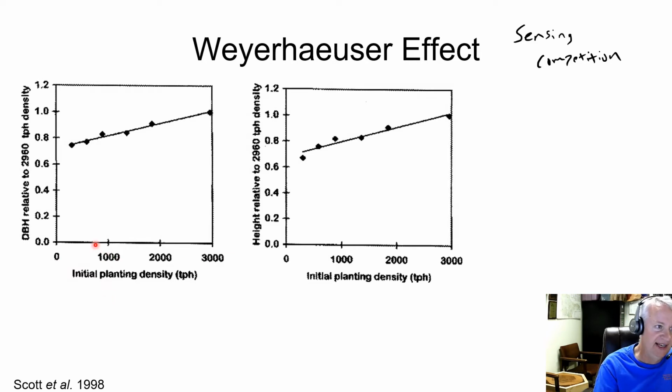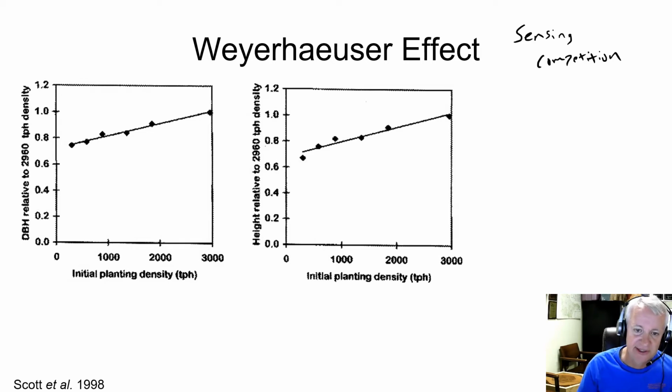And what you're seeing, this is all relative to the highest planting density. What you're seeing is that as density increases, individual tree size is also increased. So as the trees are planted closer together, individual tree diameter and height gets larger. Mean diameter and height gets larger.